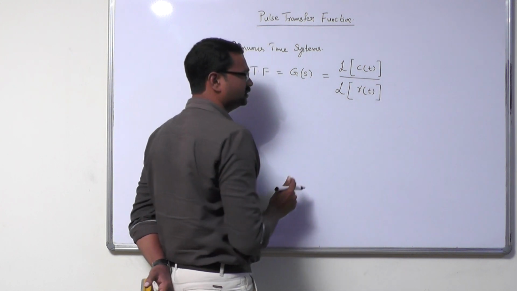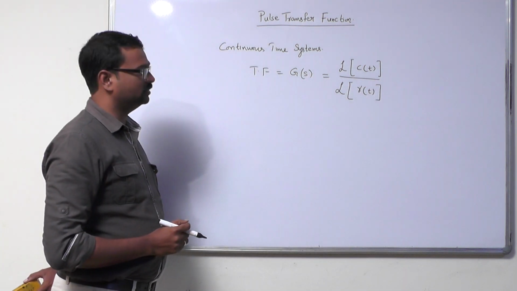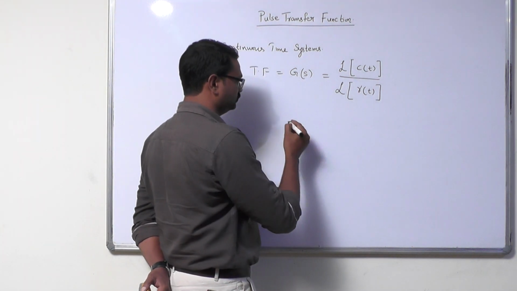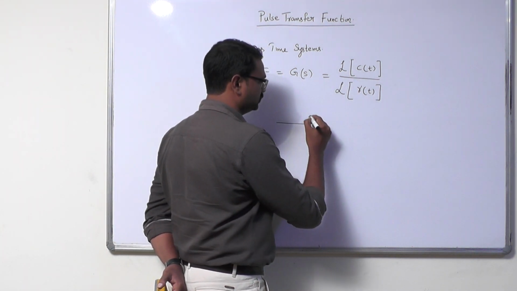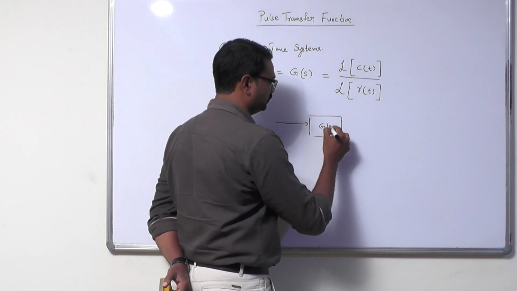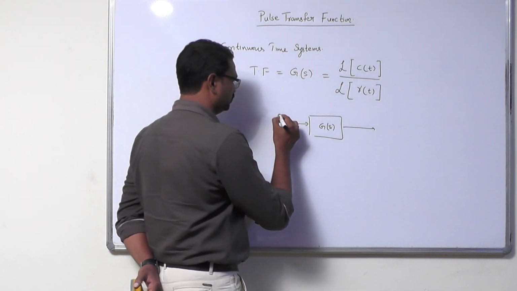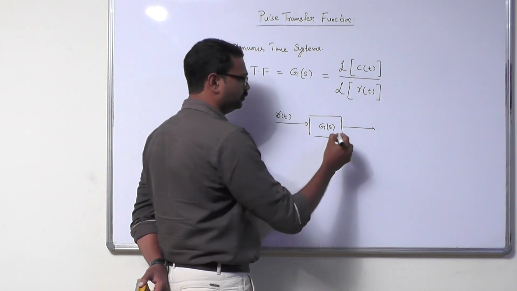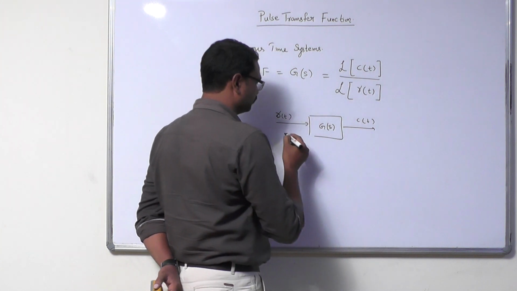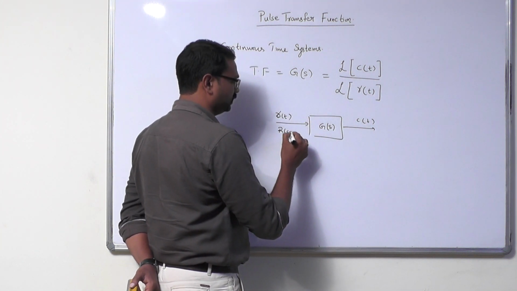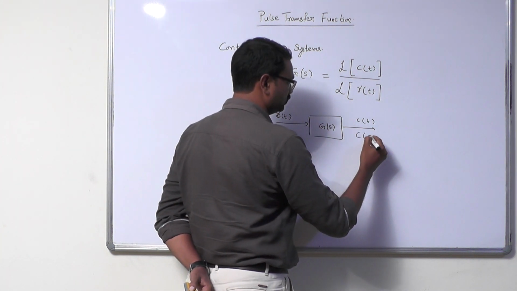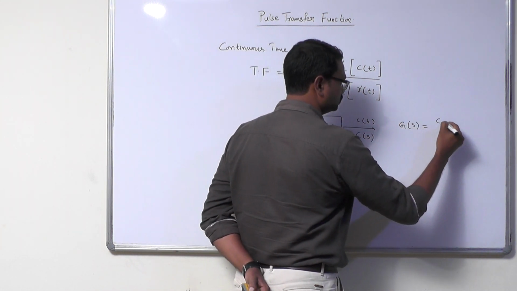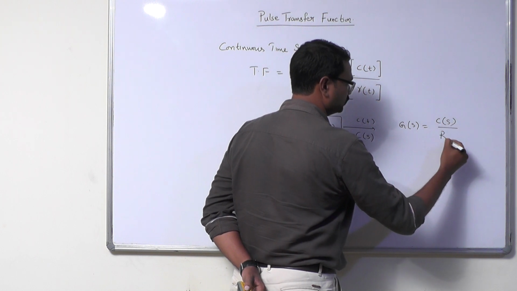For example, when c of t is the output variable and r of t is the input variable to the given system, if you consider it as g of s, then applying r of t as input and c of t as output, or in the Laplace domain r of s and c of s, you can say that g of s is equal to c of s by r of s.